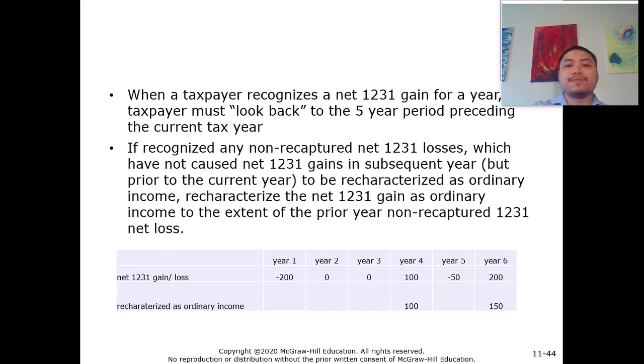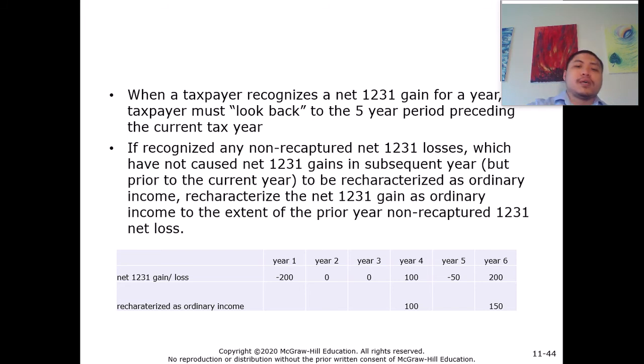Even though there's a lot of wording, and I know in the book they discuss a lot about this, what I just want you to remember is how to understand this table. If you understand this table, you can pretty much know how to apply the Section 1231 look-back rule.